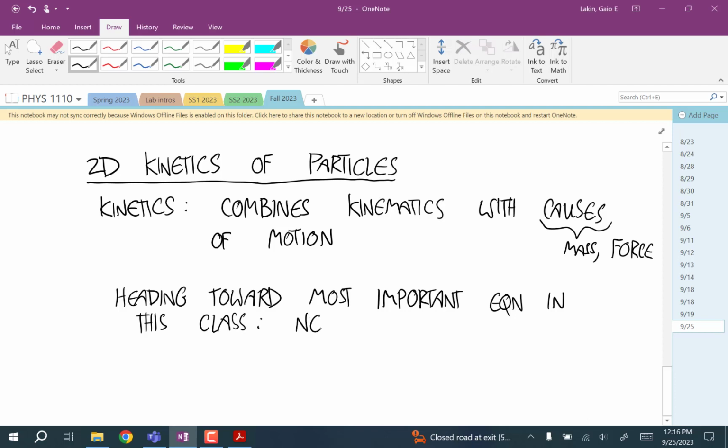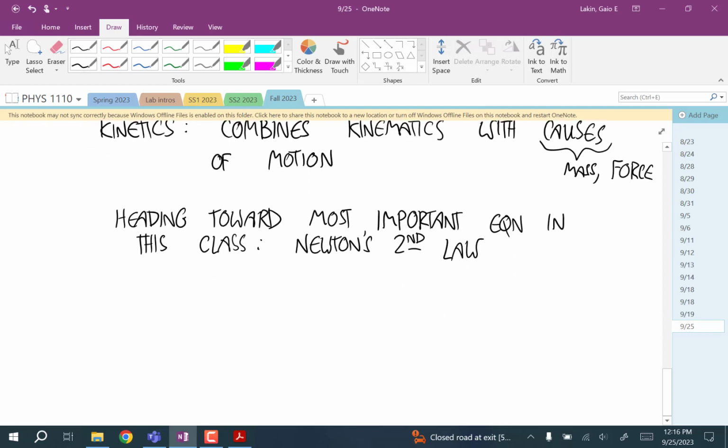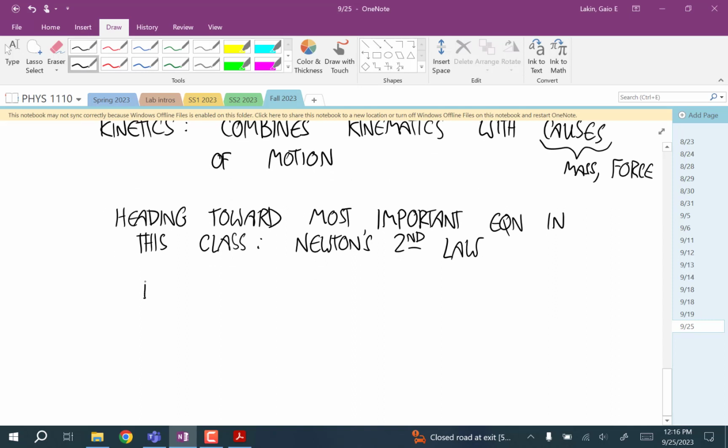And that's Newton's second law. And Newton's second law says if you add up all the forces acting on an object, so I'm going to call that F net, the sum of all those forces is equal to the mass of the object times the acceleration of the object's center of mass.